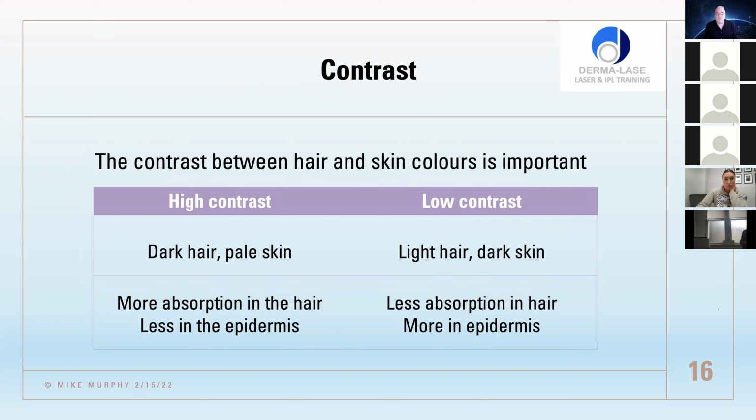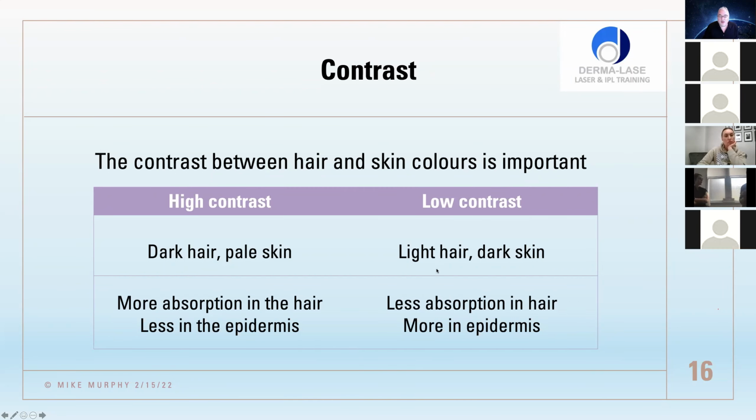So then there's contrast. The contrast between the hair and the skin is really important, okay? If you've got high contrast, so the hair is dark and the skin is pale, then you're going to get more absorption in the hair and less in the epidermis, because the melanin in the dark hair will absorb more of the light energy than the epidermis.